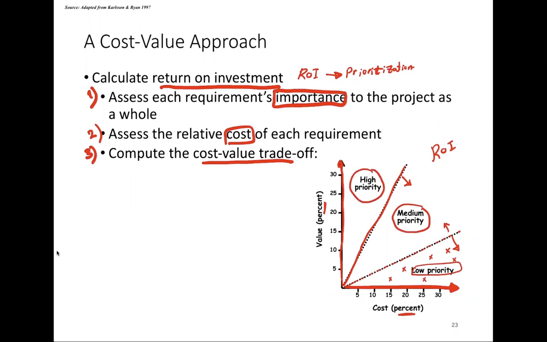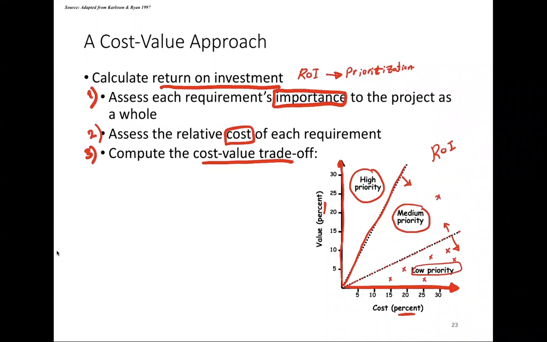We need to perform 3 stages: assess the importance of each requirement, whether each requirement, all the requirements at once, or even within each cluster of requirements. In addition, you need to assess the cost of each requirement and then compute the cost value trade-off.